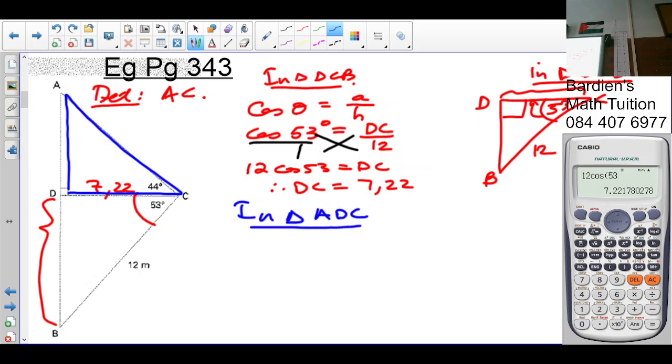Remember the triangle is looking like this now. So we got the angle. What is this relative to the angle? The adjacent side, yes. And this here, AC, is your hypotenuse.